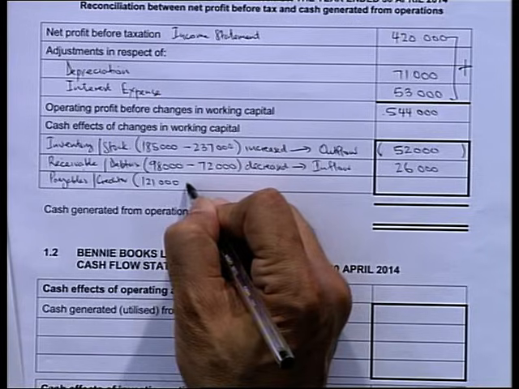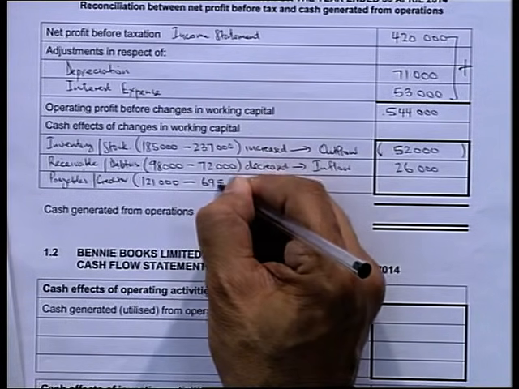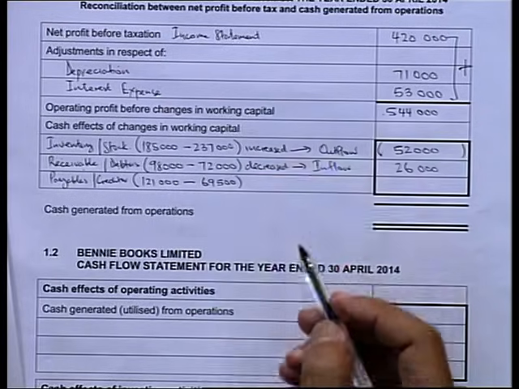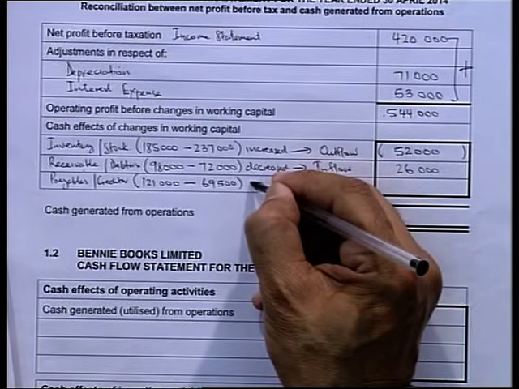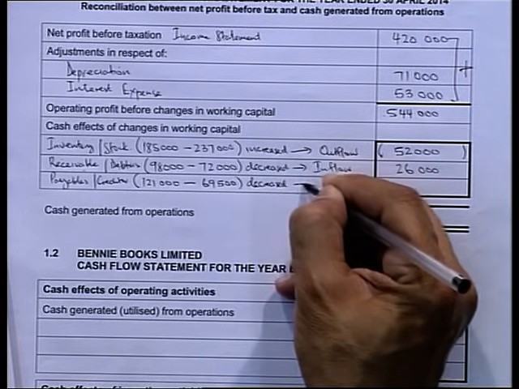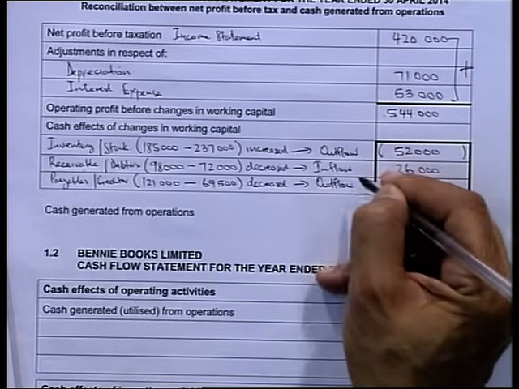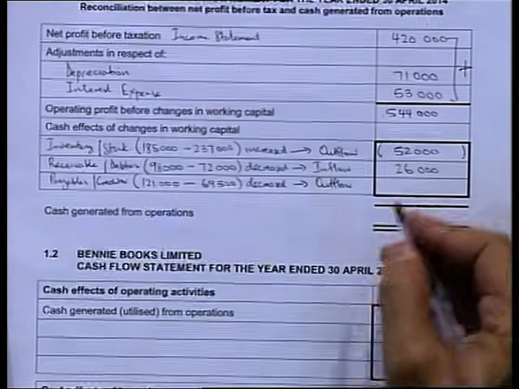Okay. Just again back to the payables. It's the difference between 121,000 and the 69,500. So our payables are decreasing. It's a decrease. That means it will be an outflow, meaning that we paid. So we paid the difference.